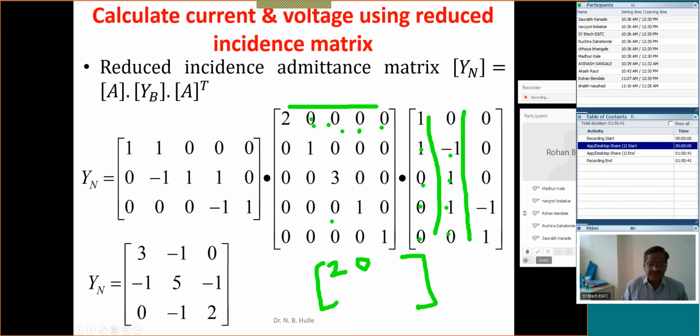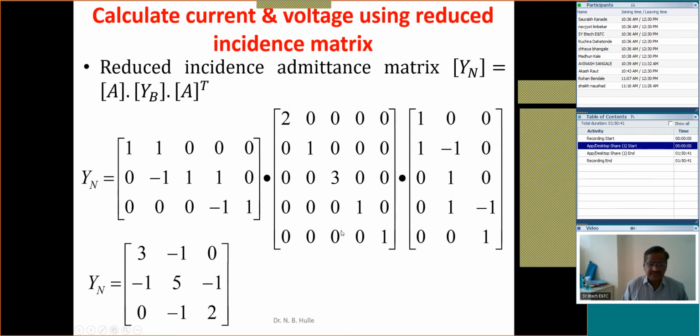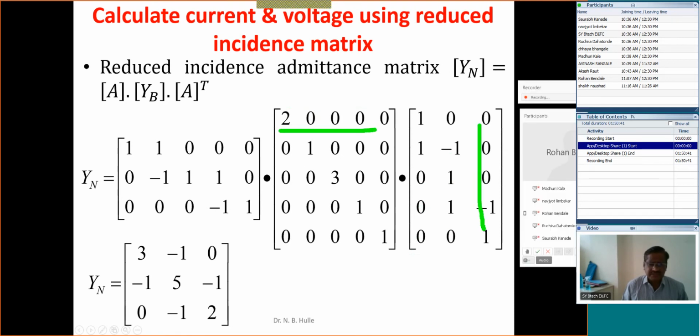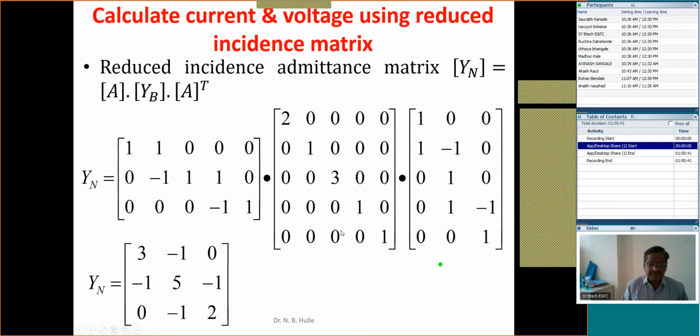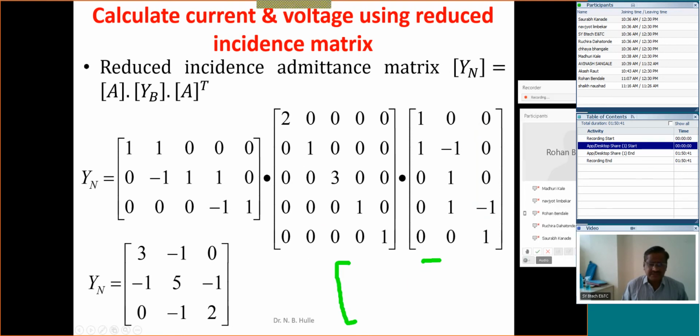The addition of those elements is again 0. Then next we will prepare the multiplication of this first row and last column. This is right, first row and last column. In that particular case, how will be the entry? This 2 into 0 is 0 and so on, and we will get those elements. I will write the conclusion here.